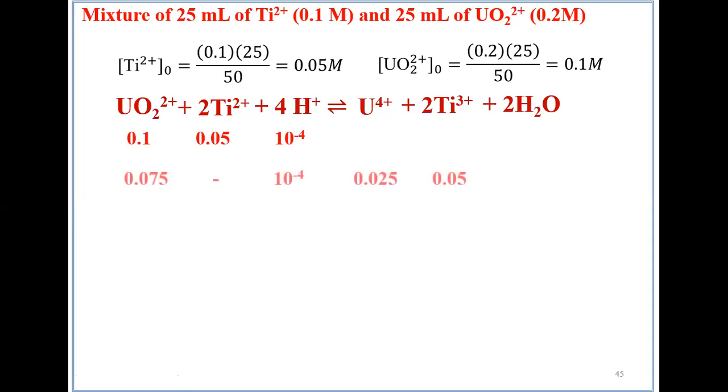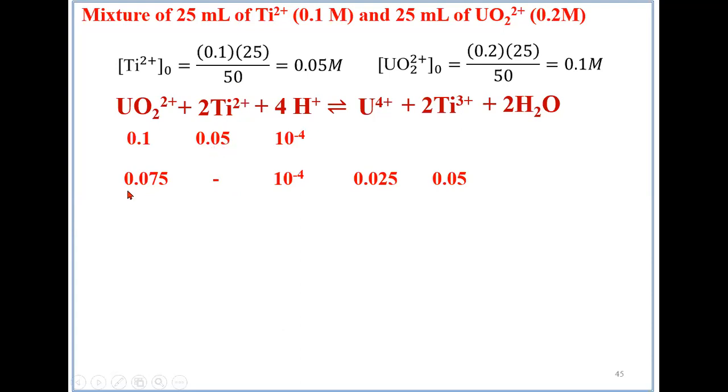You have minus X, plus X as the change, but this is a complete reaction, so you can just do a completion. Who's the limiting reagent? You take this 0.1 divided by 1, and this 0.05 divided by 2. So indeed, my titanium is my limiting reactant, and the overall X, or the moles reacted, is going to be 0.25.